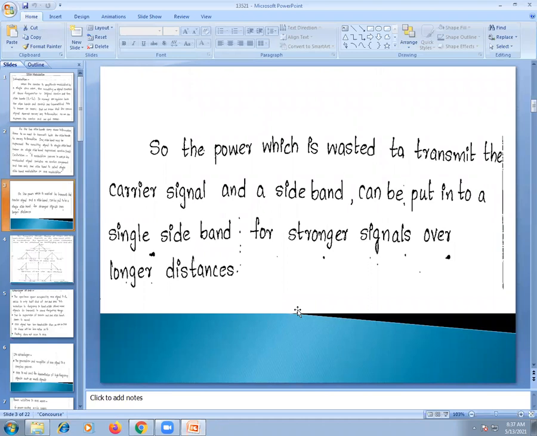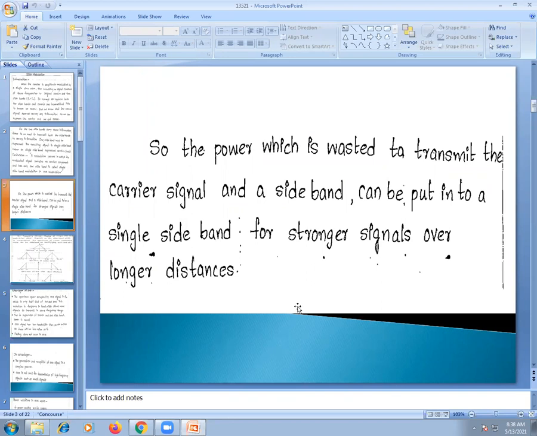What is that essence? If you transmit a carrier and two sidebands, the signal occupies more power. If you suppress the carrier, 80% of the power is saved. 80% is carried by the carrier and 20% by the two sidebands.